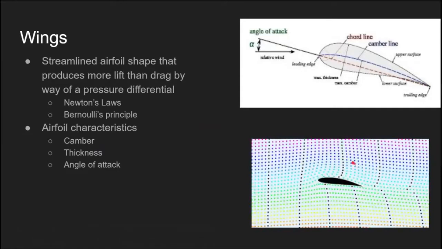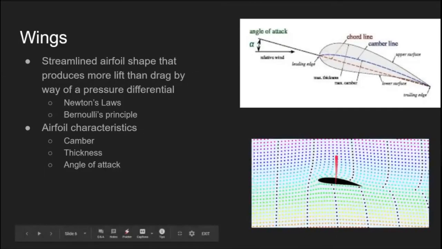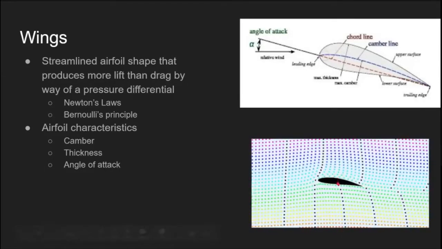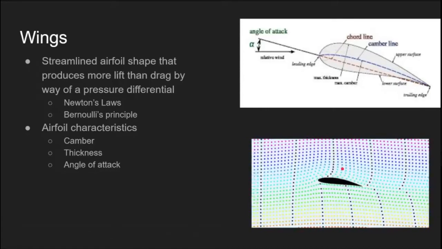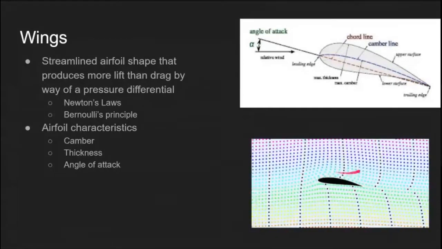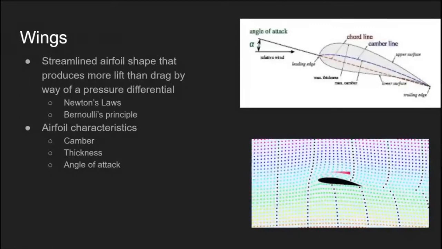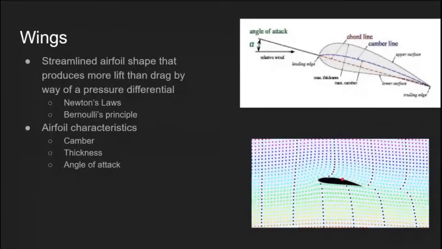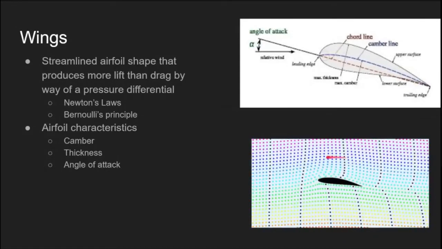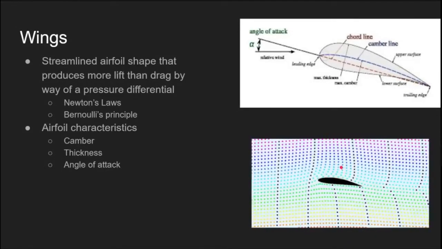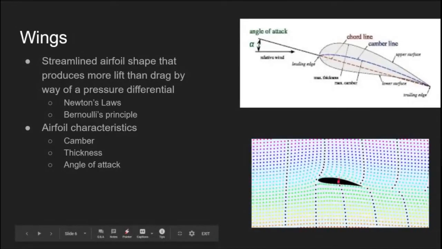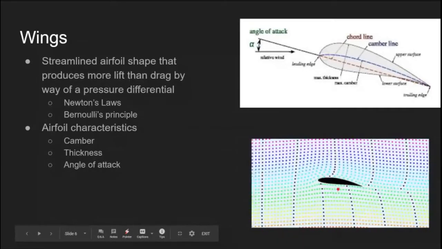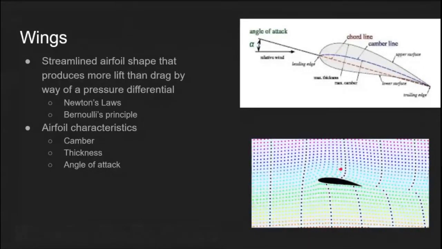You have lower pressure here, higher pressure here, and you're going to have upwards force. Now that's dependent on the velocity, right? So the faster this airflow here travels, the lower pressure that will be produced here and more of a pressure difference between the top and the bottom, aka more force. Now, how do you make it go faster?